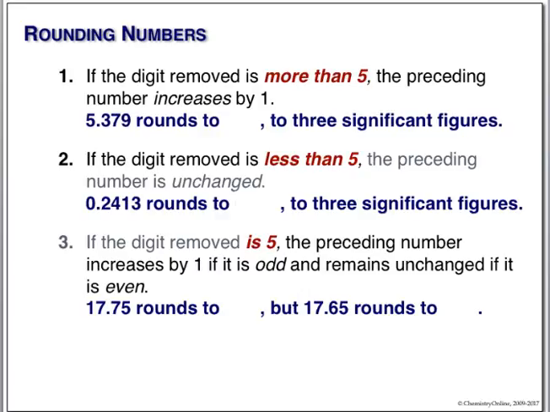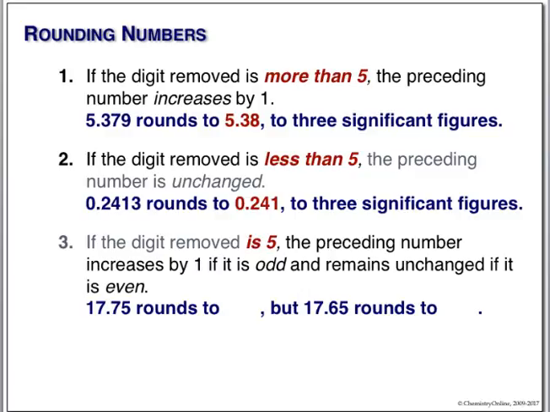That's more than 5. That means the one in front of it is going to go up. So 537, we'll go to 538. Very simple rounding. This one, digit we're getting rid of is a 3. That's less than 5. So the preceding digit is unchanged, and that's 241.